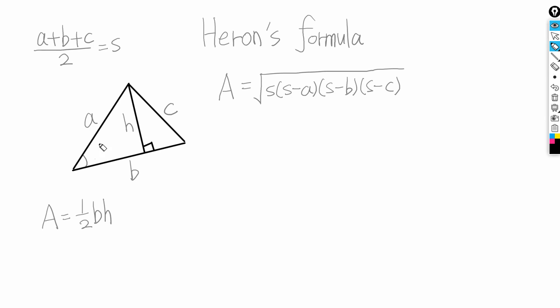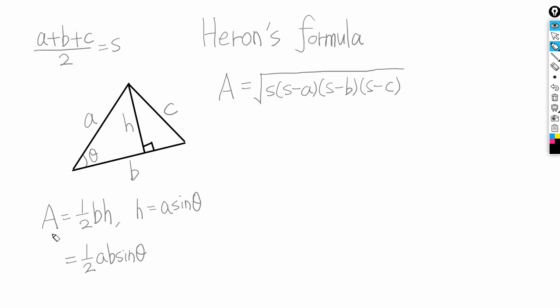And if we say the angle between a and b is theta, by the definition of trigonometry, h is equal to a times sine theta. So if we replace h in the area formula with a times sine theta, the area is equal to 1/2 of a times b times sine theta.